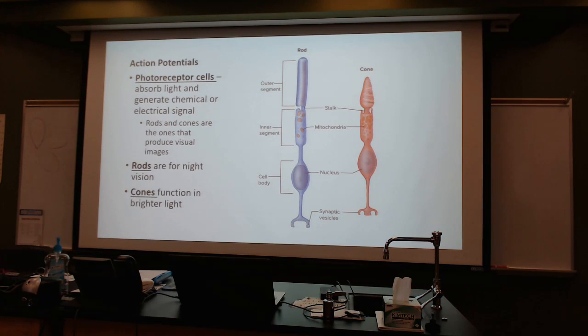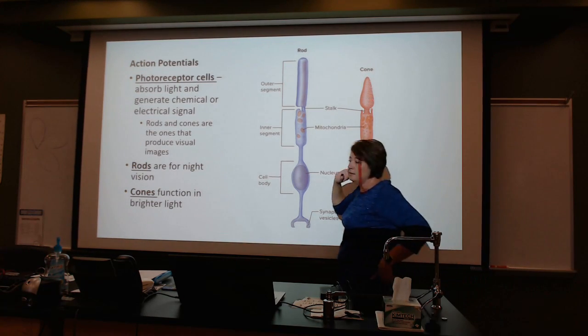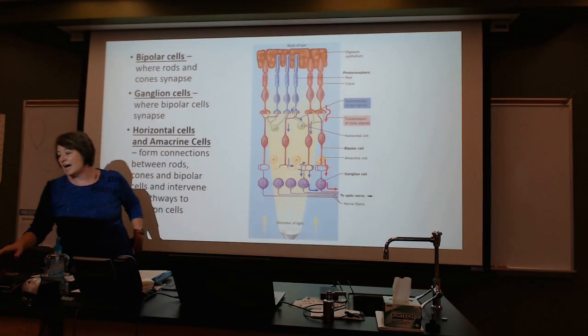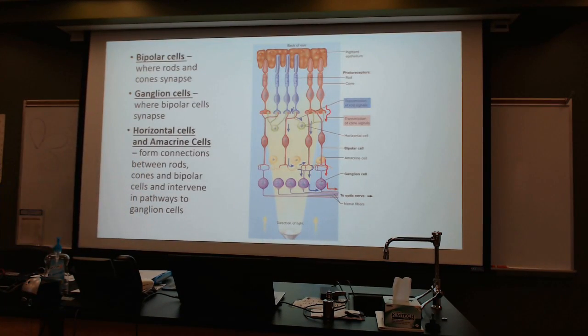So rods and cones are the cells in the makeup of the eye that are going to be sending or giving us the image. Other cells that are involved are termed bipolar, ganglion, horizontal, and amacrine. They are supporting cells. However, they're important in the passing of the information to form the image.